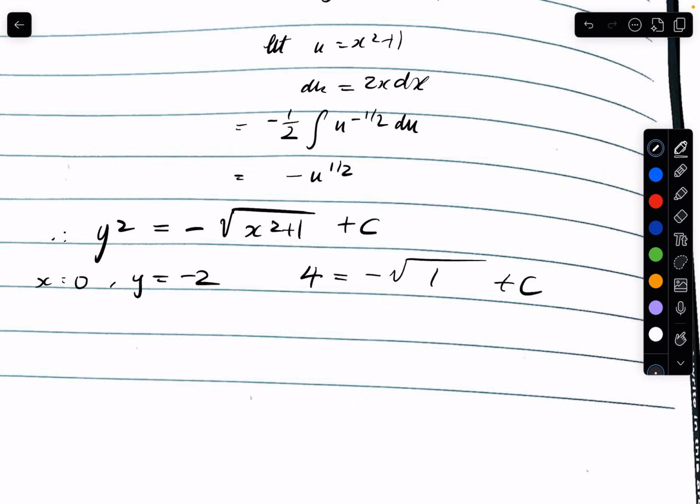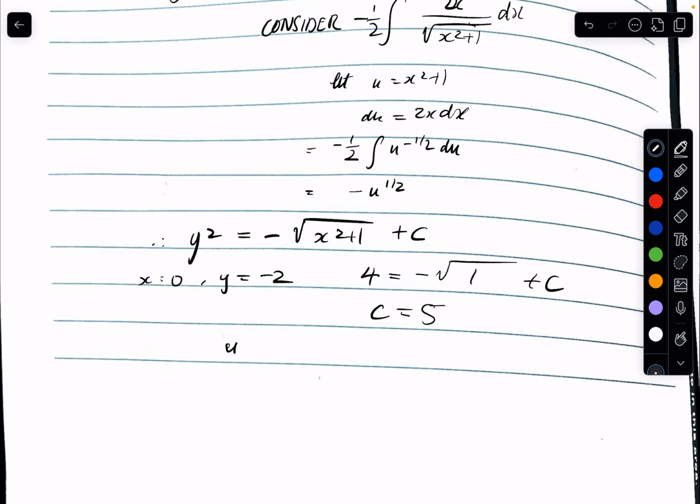And that means c is equal to 5. So y squared is equal to, that's quite weird, the negative square root of x squared plus 1 plus 5.